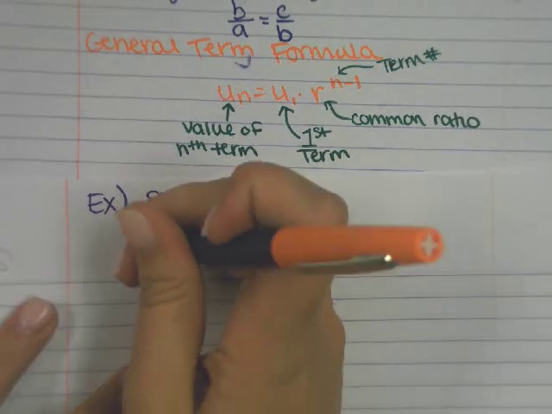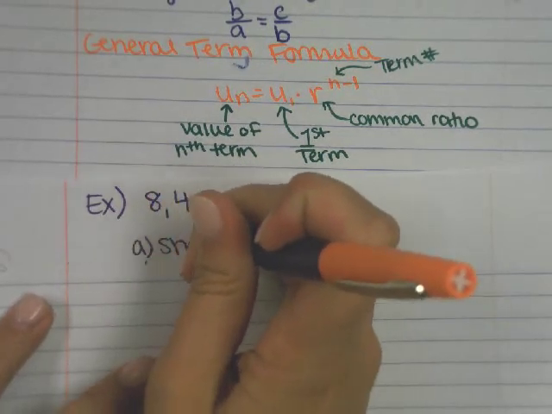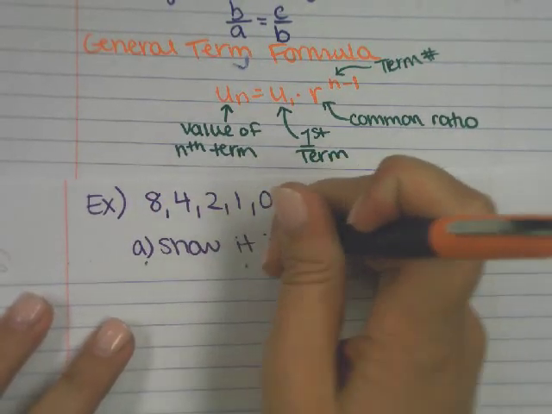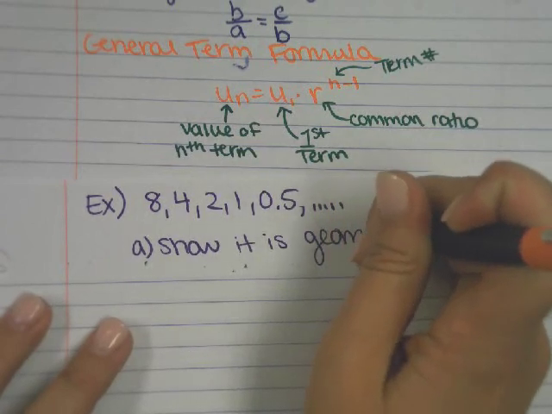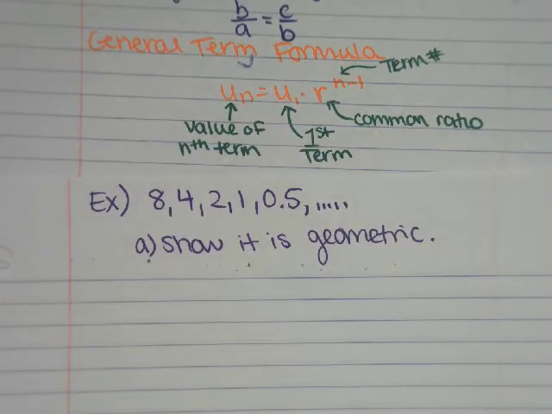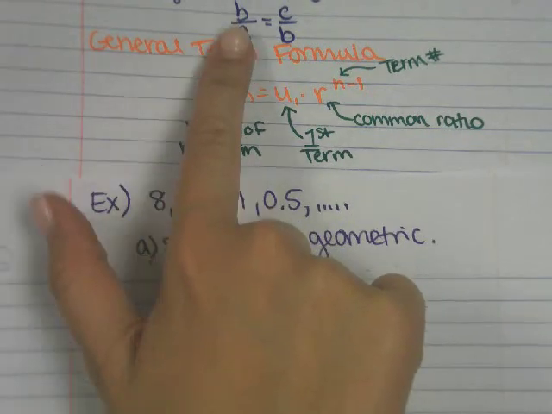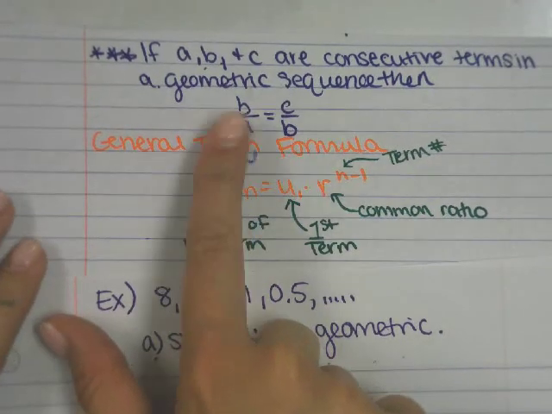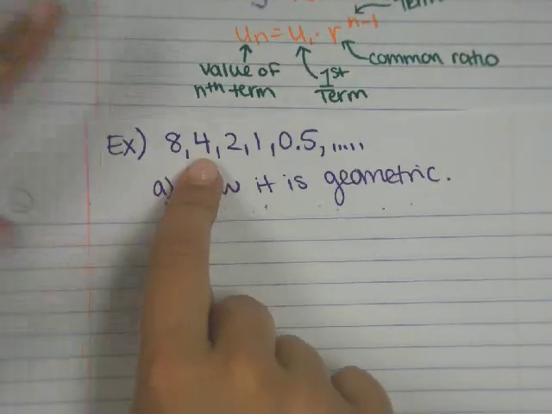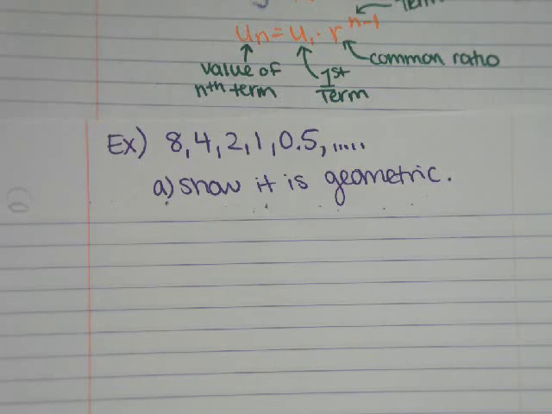For part A, we're going to have multiple parts here. Show it is geometric. In order to show it's geometric, we have to show that there's a common ratio. Up above, we said these have to be equivalent. If you divide the further term by the one previous to it, it should be equivalent. So let's try that.